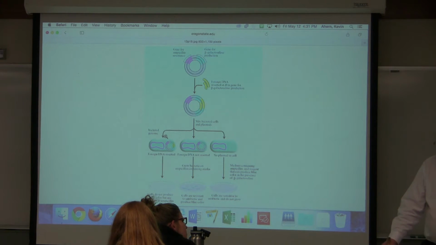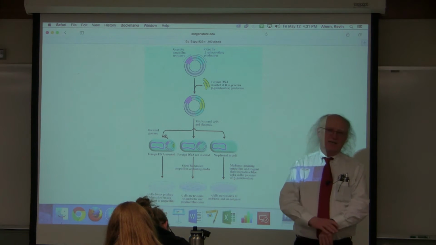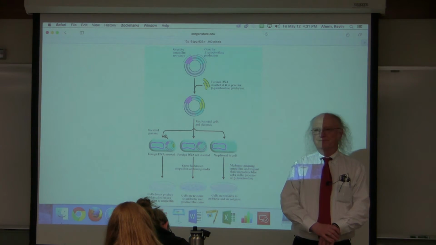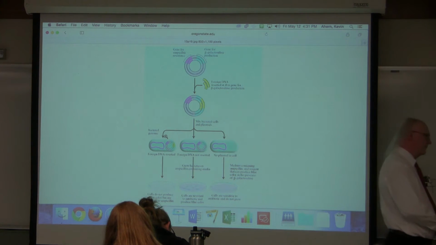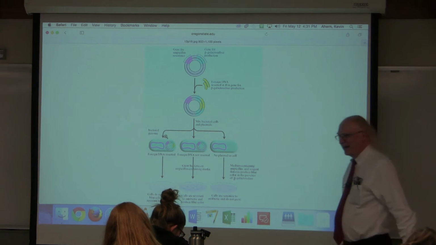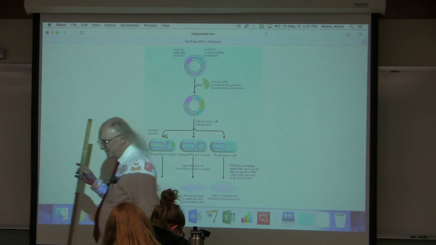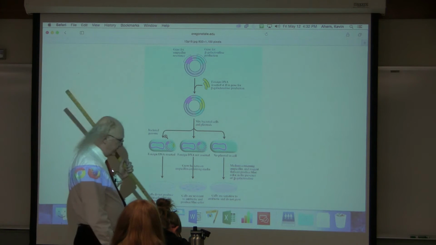So bacterial cells, when the X-gal is cut by beta-galactosidase, produce a blue color. If there's no beta-galactosidase, you will have a white color. If I'd started with that, I would have been in good shape. So X-gal produces a blue color when beta-galactosidase is present.